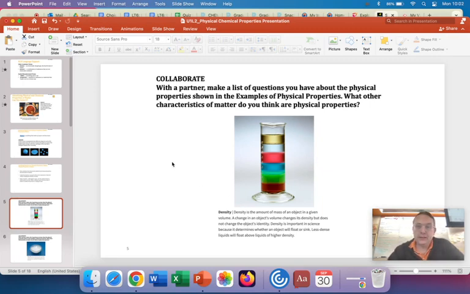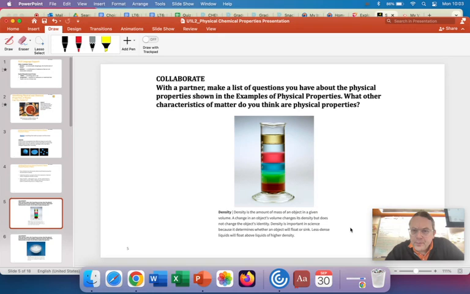Density is important. It determines whether objects will float or sink. So here we see the least dense liquid floats on the most dense liquid. Up here, this is the least dense, and down here, most dense.